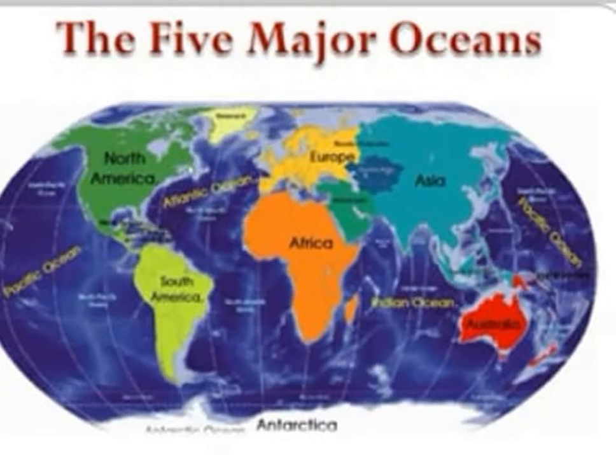5 major oceans. Among these oceans, the Pacific Ocean is the largest ocean, children. And the Arctic Ocean is the smallest ocean. Do you know, children? The Antarctic Ocean is also called the Southern Ocean.